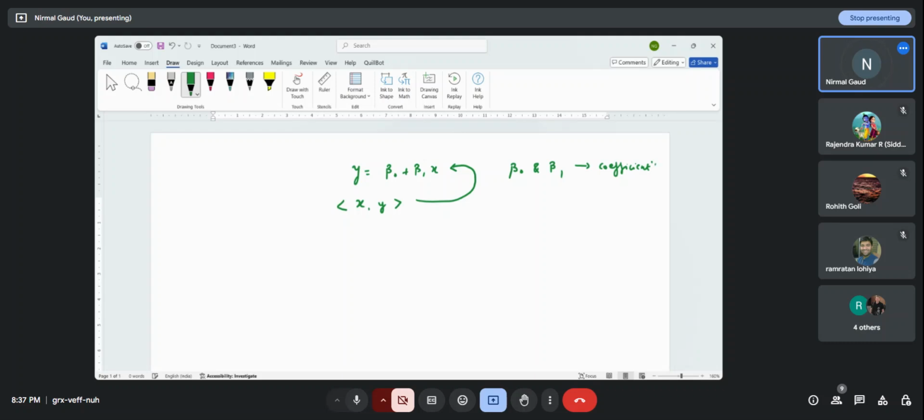Okay, so in real life data, real time data, whatever you want to say, I'm just talking about the data. We do have many problems which follow this equation.